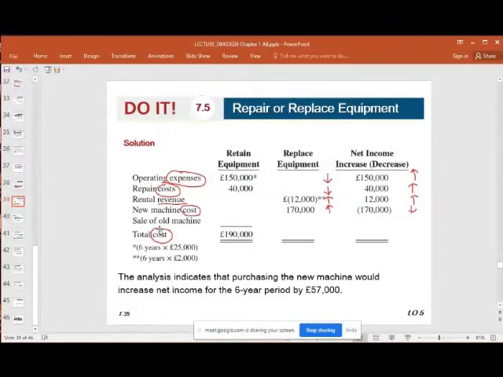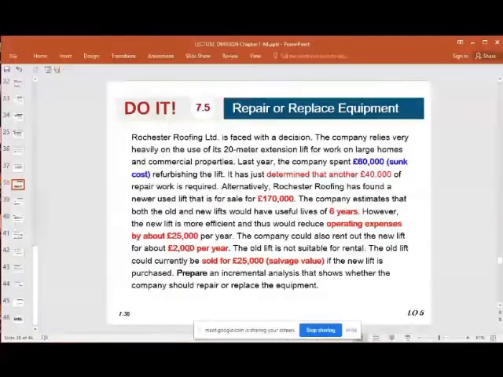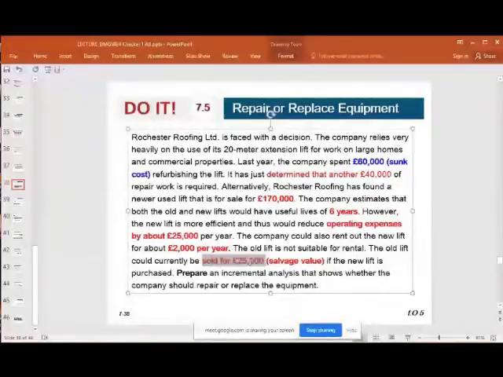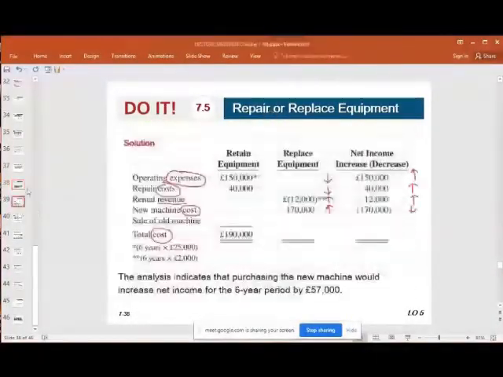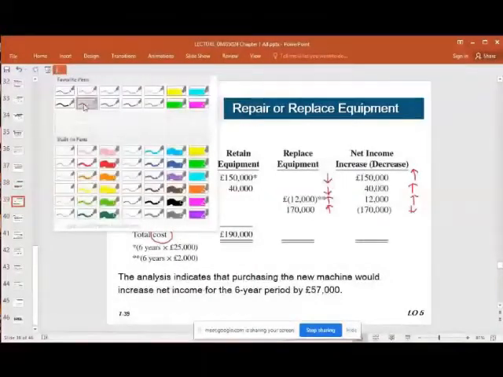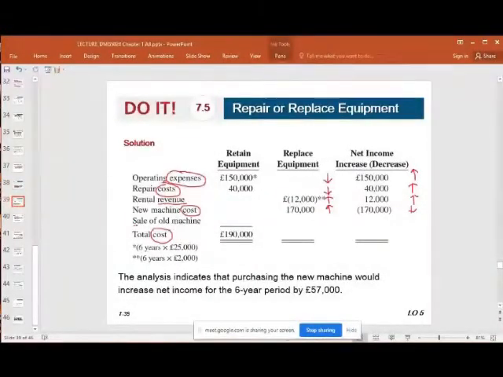And the last one is your sales of old machine. The old lift can be sold for 25,000. So this is your sale of old machine. Sale of old machine is an income.